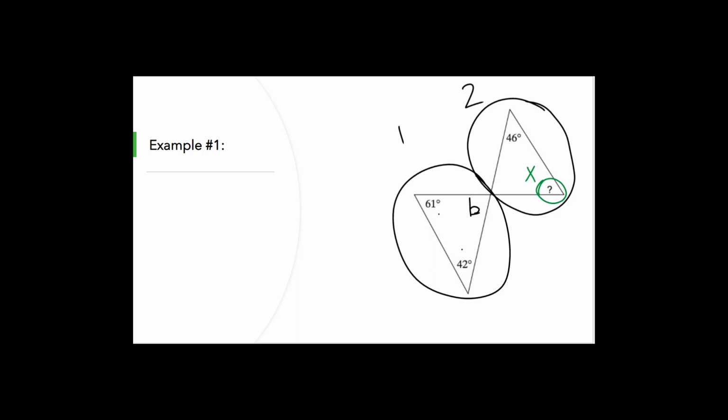So I need to write an equation to find angle B. So, remember the triangle angle sum theorem. All three angles in a triangle always equal 180. So my equation is 61 plus 42 plus B equals 180. Draw the line. I want B alone, and I want the numbers on the other side.